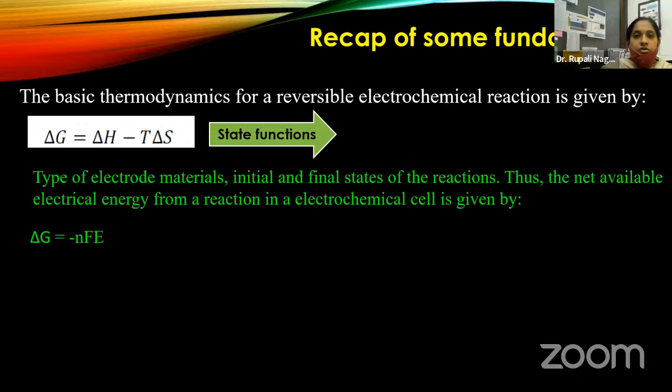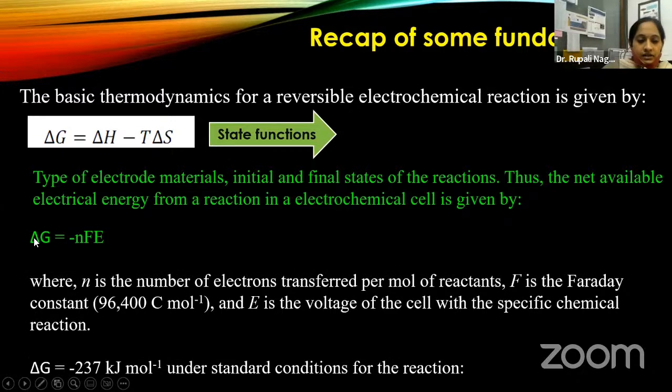Now, when we talk about battery materials, once we have constructed the anode and cathode, we have used certain materials. What type of materials they are, what are their chemical potentials, what are their activities, all these get connected. And therefore, theoretically, you can predict the Gibbs free energy for a given cell or a given battery.